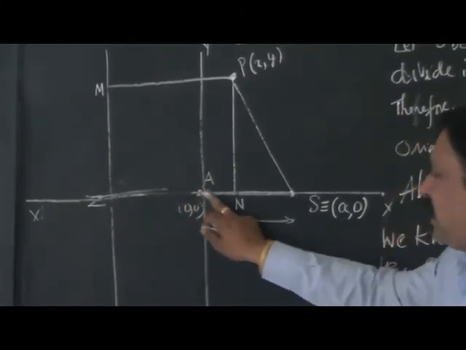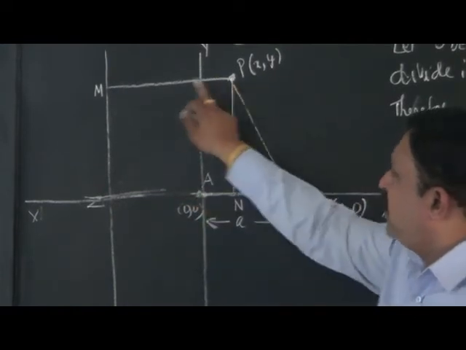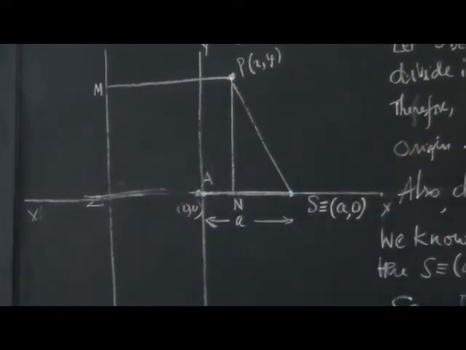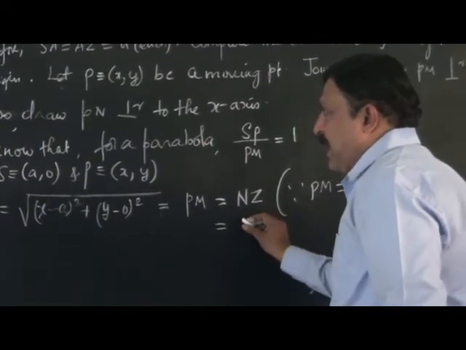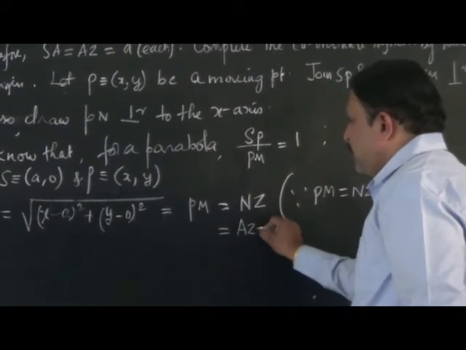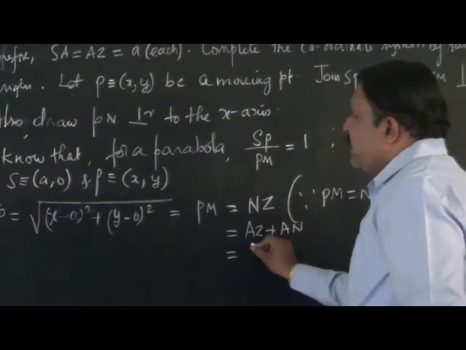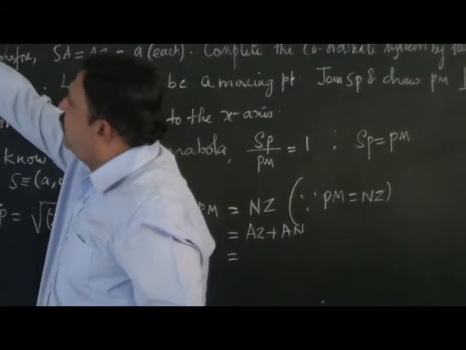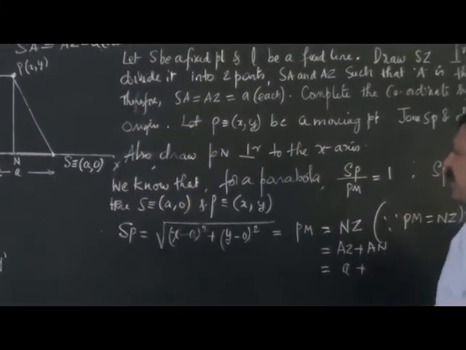AZ plus AN gives the complete length NZ, and NZ is nothing but PM. So now I will write NZ as AZ plus AN. The value of AZ is A, so it is A plus AN.